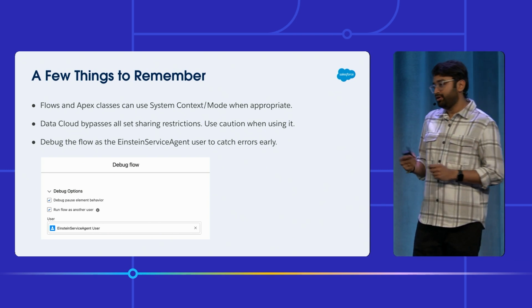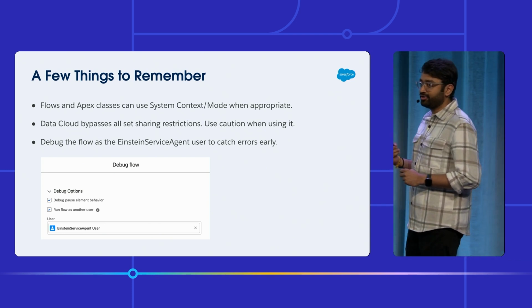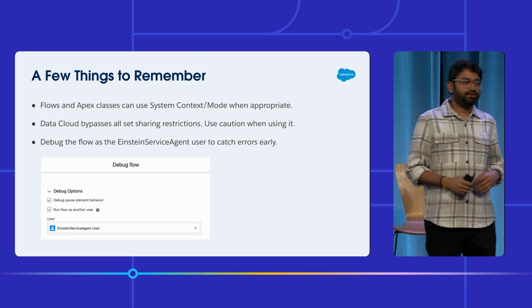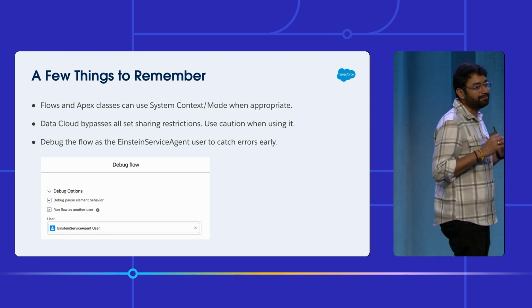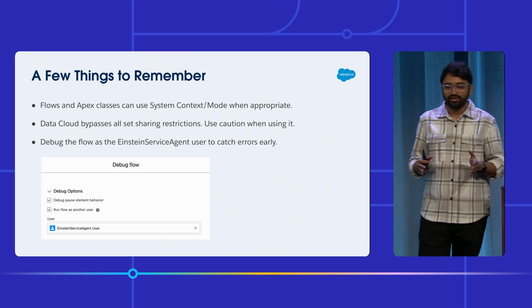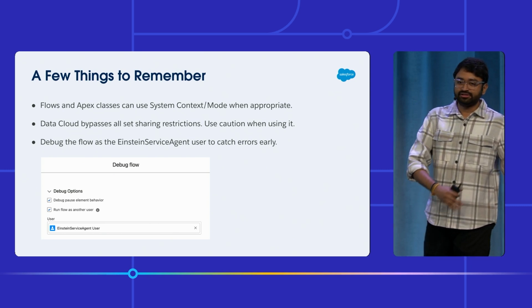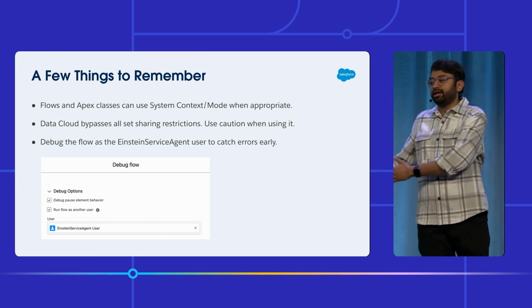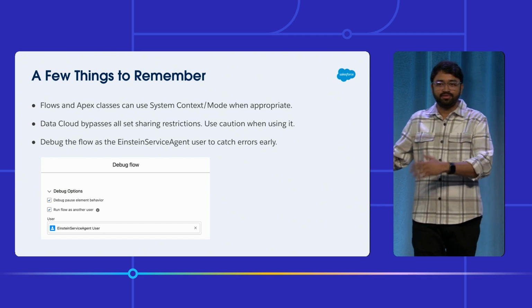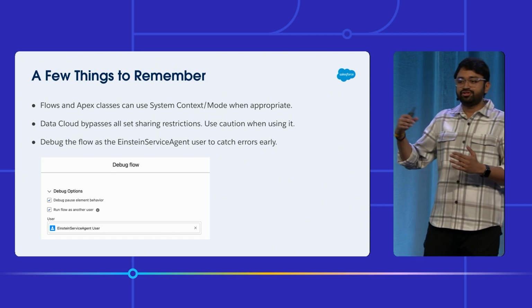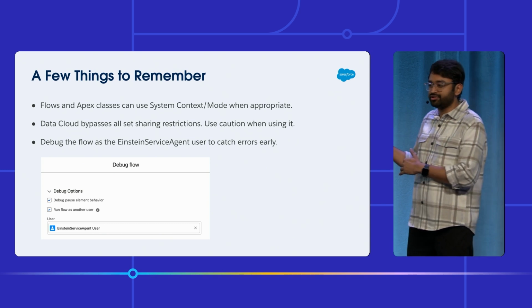And the other very important point to remember is that whenever you define sharing rules, OWD, and all of those, they are only applicable on Salesforce data. Now, let's say the Salesforce data gets ingested into Data Cloud. What happens is all this data goes into data lake objects and data model objects, which do not respect the same sharing permissions.